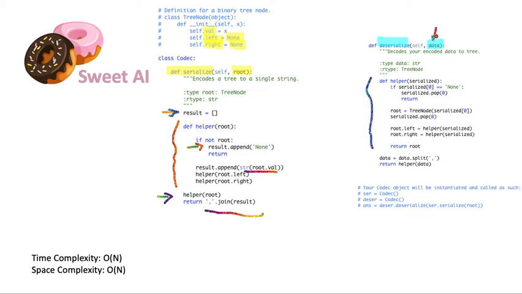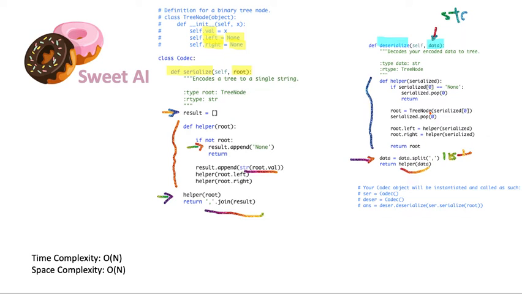The input is a string, and we need to make it a list. So at this point, we convert the string to a list. Now the output of this step is going to be a list. And then we pass this list to our helper function, and let's see what happens here.